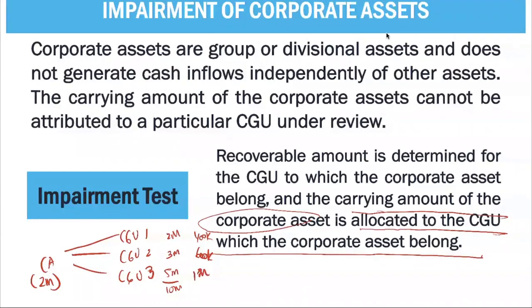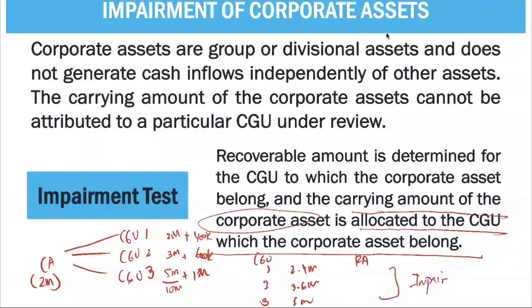After we allocate it, the recoverable amount is determined for the CGU to which the corporate asset belongs. So CGU1 is already 2.4 million, CGU2 is 3.6 million, and CGU3 is 6 million. You compare now the recoverable amount. After comparing to the recoverable amount, you determine if there is an impairment.